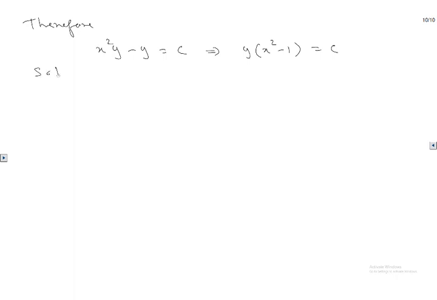Solving for y, y equals c over x squared minus 1. This is valid when x is not equal to plus or minus 1. That means you have to remove those two points from the domain. Good.